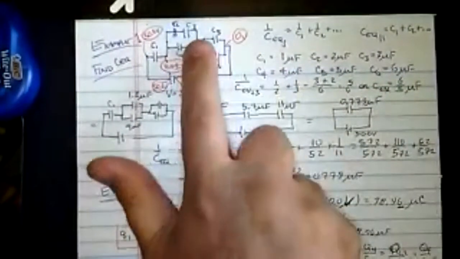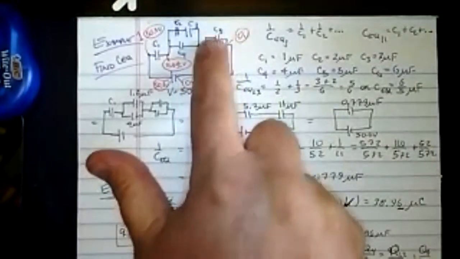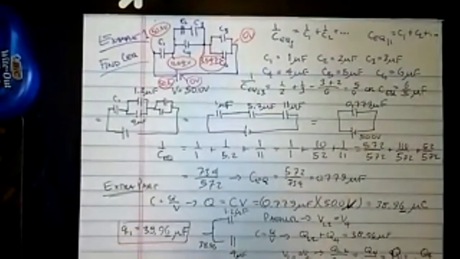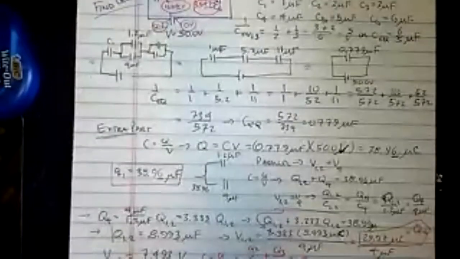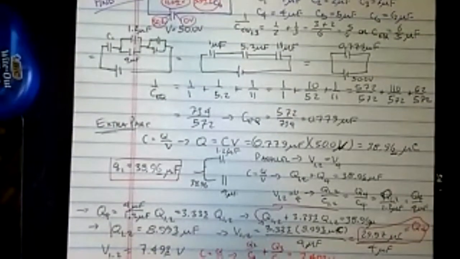Then that same 38.96 is going to have to be distributed like it was before on these two legs, but this one's a lot easier because it's one capacitor on each side. You just have to set the voltages equal to each other, and the sum of the charges, Q5 plus Q6, equal to 38.96. I did that, and ultimately we were able to get all these different values, which showed all the different charges.